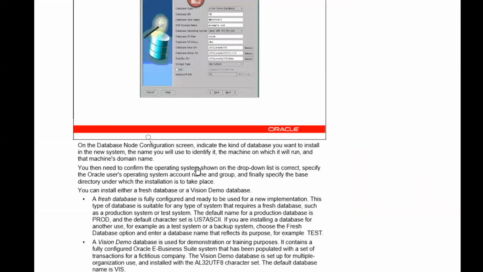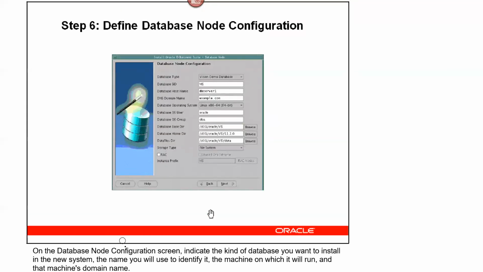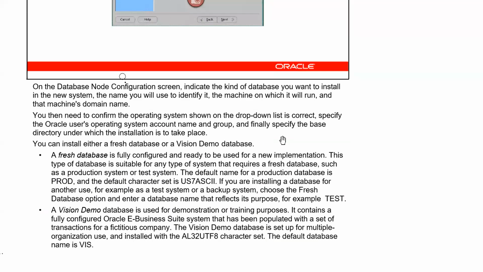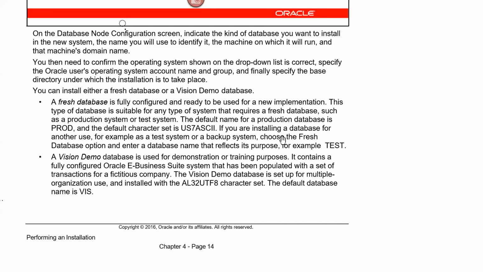Then it will ask you whether you want to install a fresh database or a Vision database. We have selected a fresh database. If you select a fresh database, you'll get US7ASCII. If you select a Vision demo database, you'll get AL32UTF8. But in the fresh database also, you can change the character set.